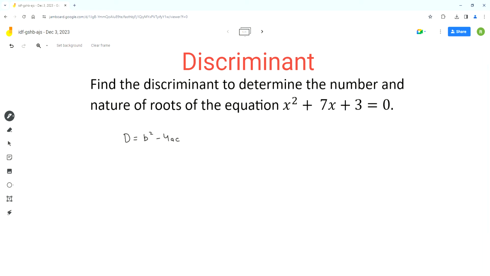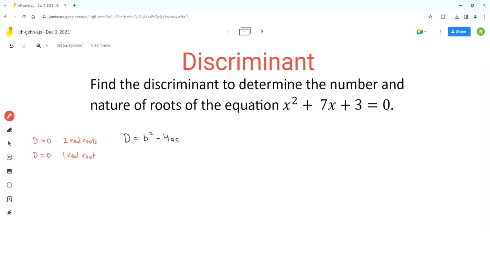So now the rule for discriminant is, if the discriminant is greater than 0, there are two real roots. And if the discriminant is equal to 0, there is one real root.